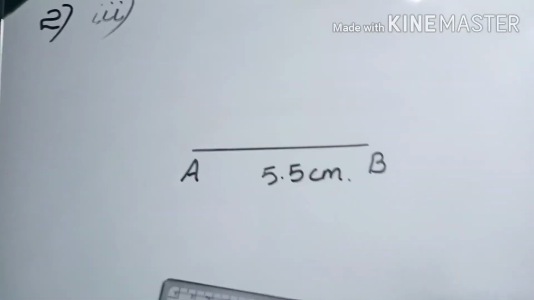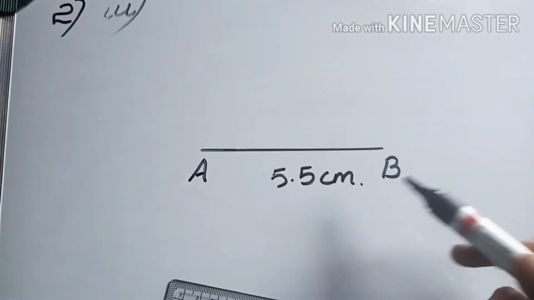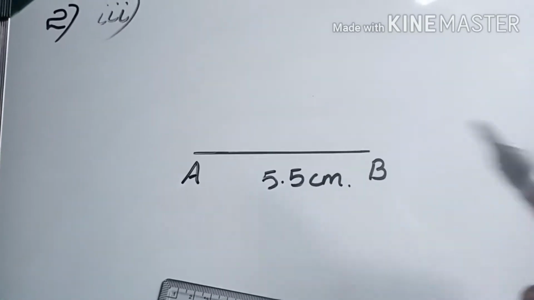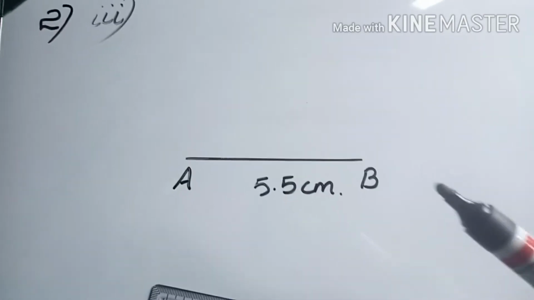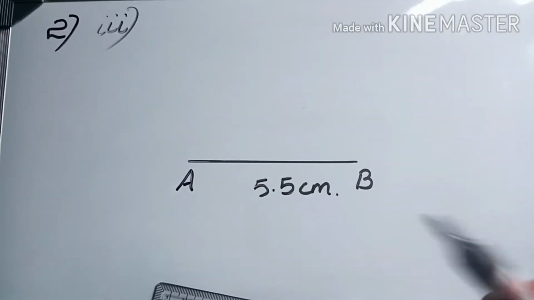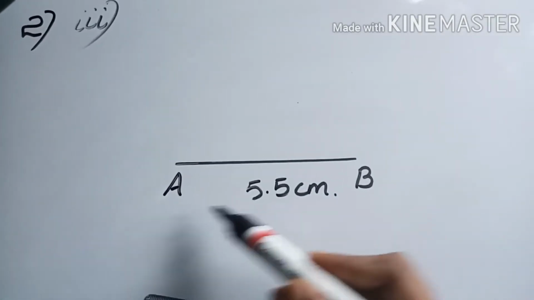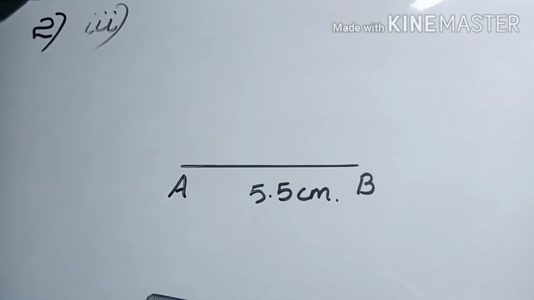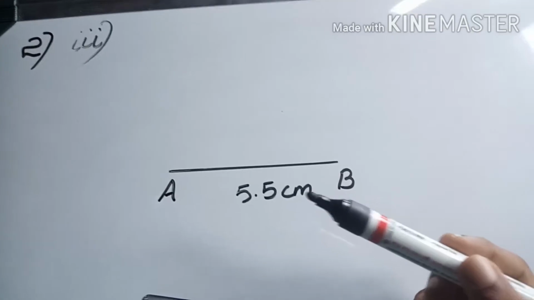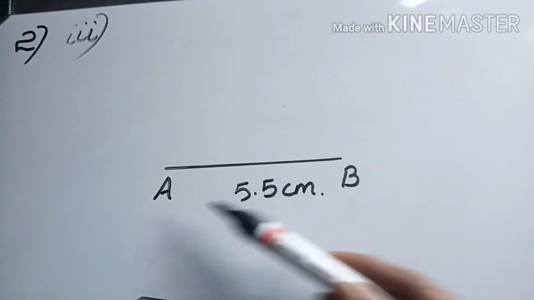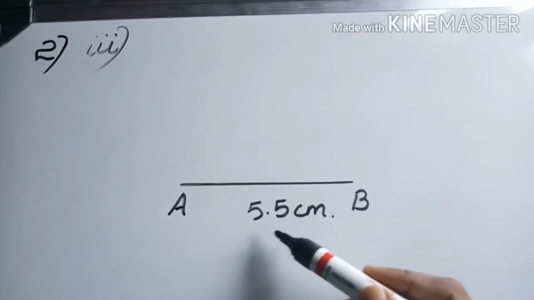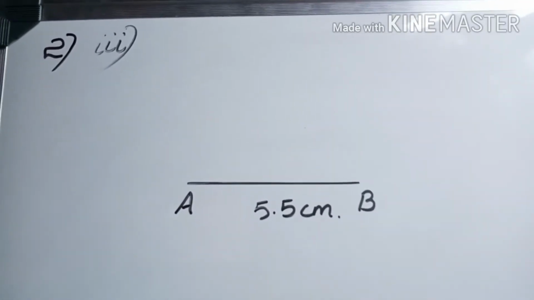Now the third sub question is to divide a line of 5.5 centimeters using a set square, like the figure given in the question. For that, using a scale, first of all draw a line AB of 5.5 centimeters. Here I have already drawn one 5.5 centimeter line AB.